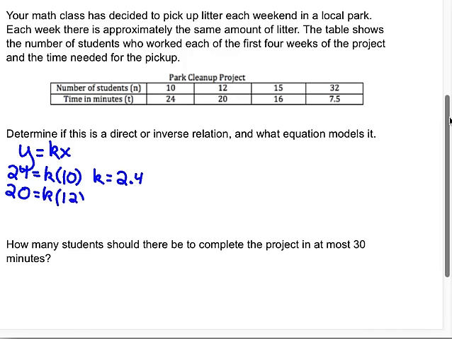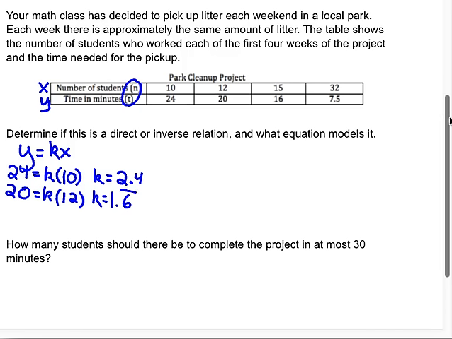And if you see I'm using x and y still, so technically they're using n and t, but as long as you note what you're using, then this consistency I think will help you see what I'm doing so you feel more comfortable with it. But again, technically they're using n's and t's. But anyway, so 20 divided by 12 gives me 1.6 repeating. So I got different k values.